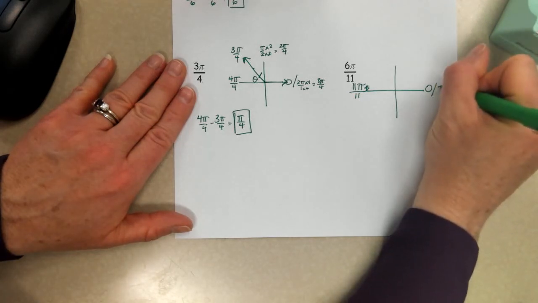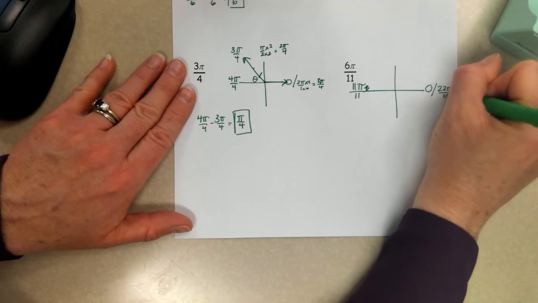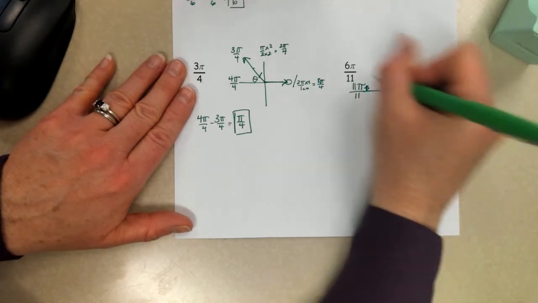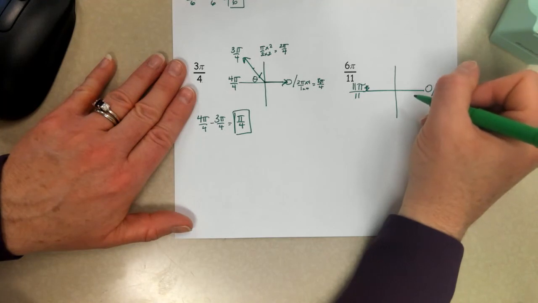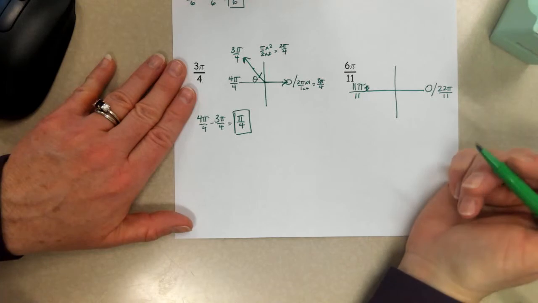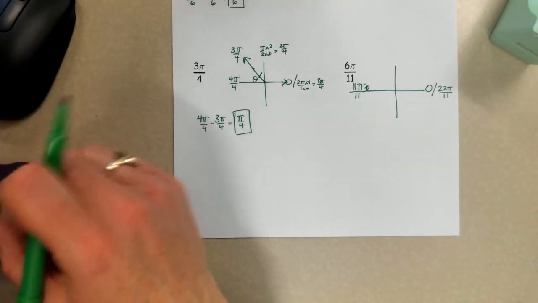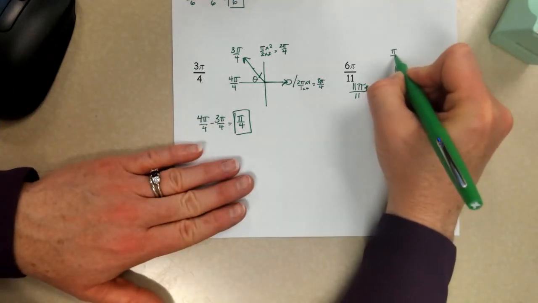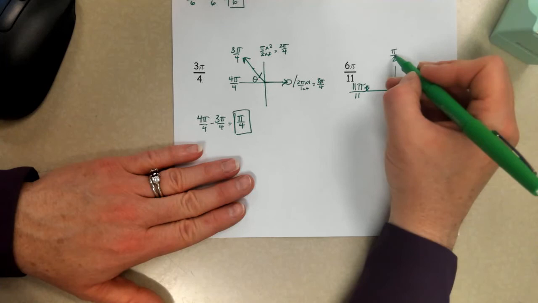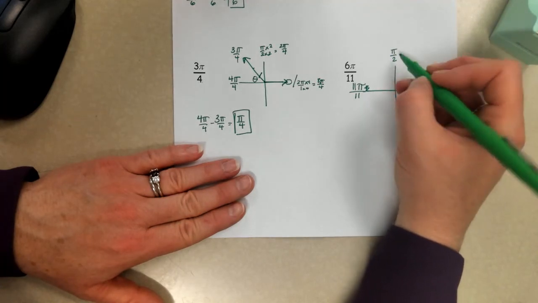Or 2 pi, that'd be 22 pi over 11. 6 pi over 11 is smaller. How do I know for sure it's here, not here? This one's a little tougher because of the pi over 2 and the 11 being an odd number. So I think I'm going to just have you reason through it.